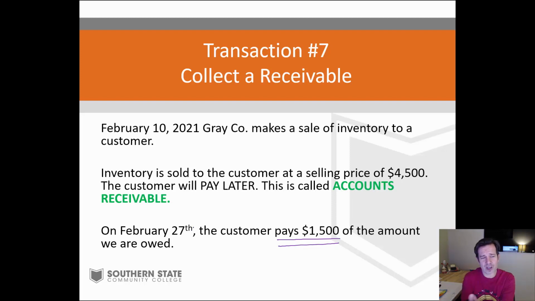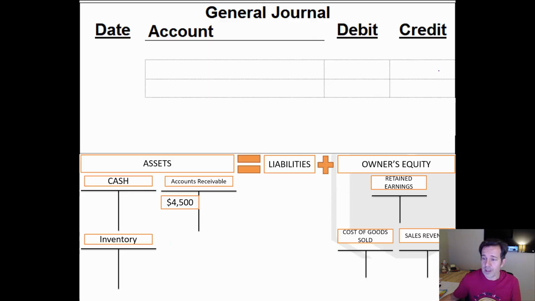So break that transaction down. We have a customer coming in and paying part of what they owe. We know we're getting money, and we know part of what they owe is going to go away because they don't owe what they just paid for. So 2/27, customer comes in and pays back $1,500 of the $4,500 they owe. There's that $4,500 they owe.